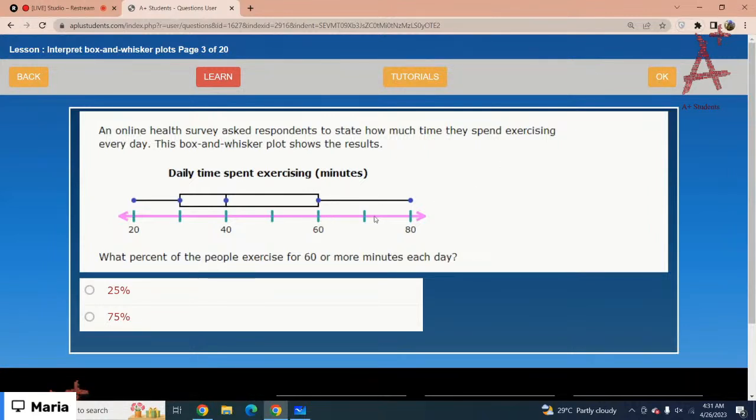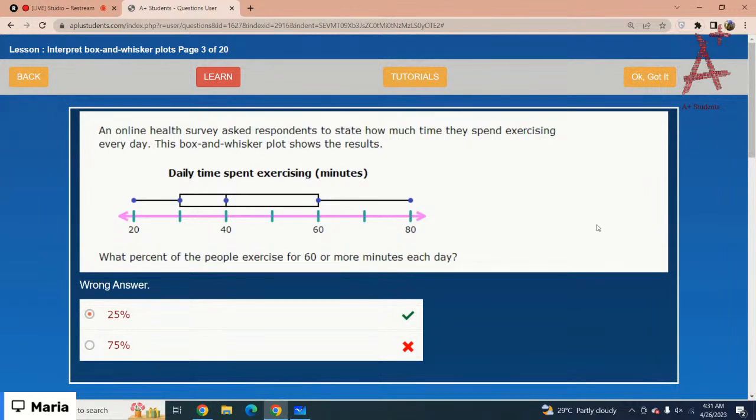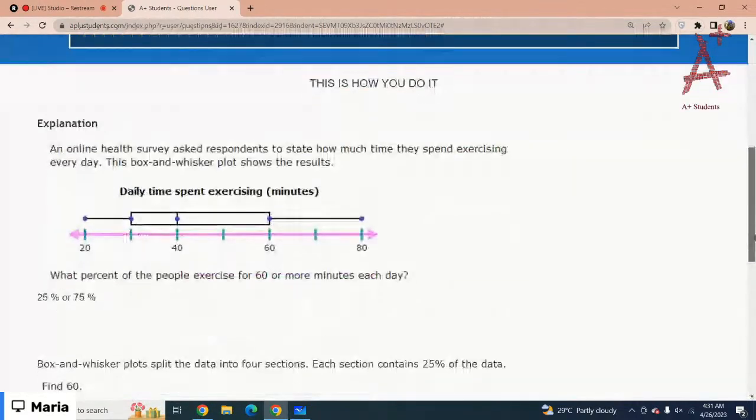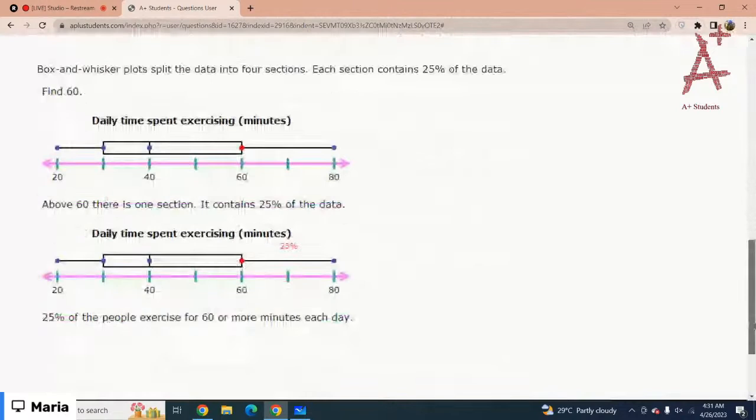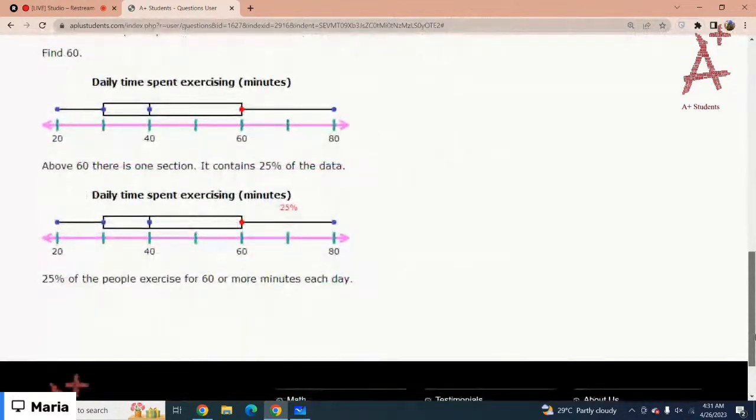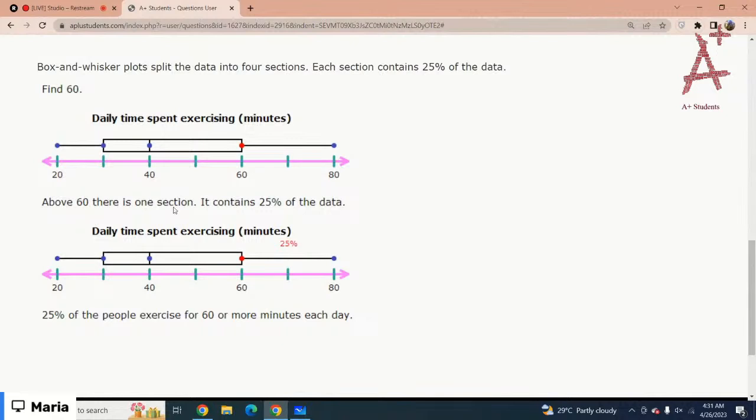So starting from 60 till 80, you have the... okay, it is 25%. Above 60, there is just one section. It contains 25%. Just one section from here to here. Yes, it is 25%.